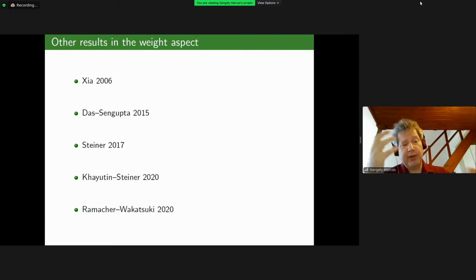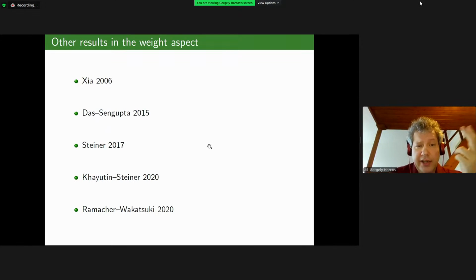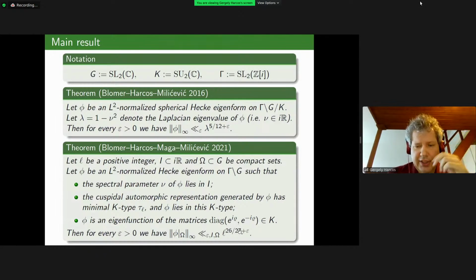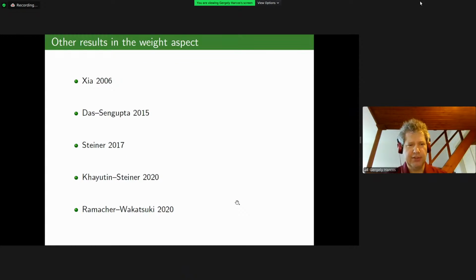But when you specialize their result to our situation, which is rather special, I must say, their result doesn't even achieve what we consider the baseline bound. So in the notation of this slide, they prove, although let me emphasize their theorem is much more general, lambda to the 5/12 minus some positive delta, and that's very far from what we consider the baseline bound, that is L.